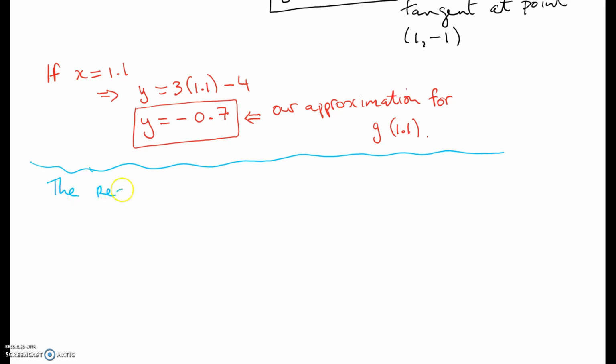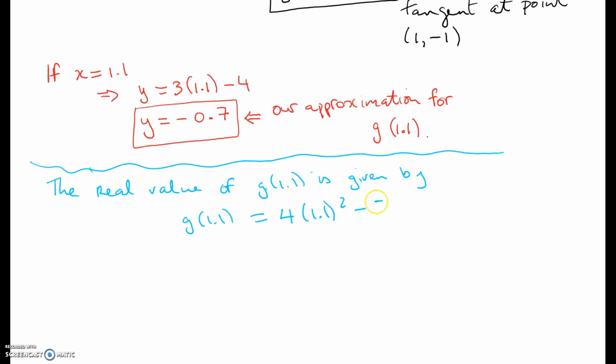The real value of g of 1.1 is given by 4x squared minus 5x, so 4 times 1.1 squared minus 5 times 1.1.